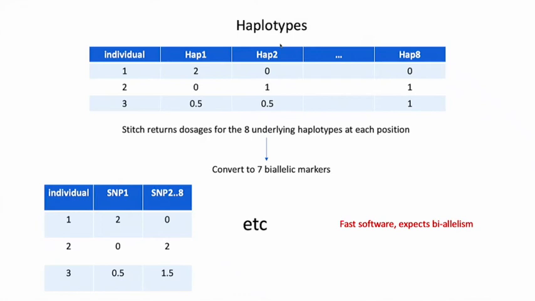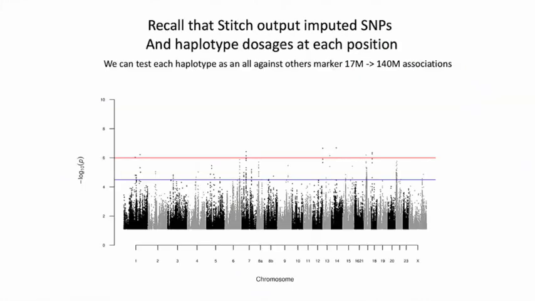We do that because all the software that does these GWAS with 17 million samples that's extremely fast and efficient can't live with non-biallelism. It lives in a biallelic world. So all the stuff they do requires this. So what we're going to do is create these fake dummy SNPs that actually are haplotypes, 1 versus everyone else haplotypes, and then run the scan with those, right? So that's an idea. Do you get that? Everyone get that? Yeah, it's kind of an idea.